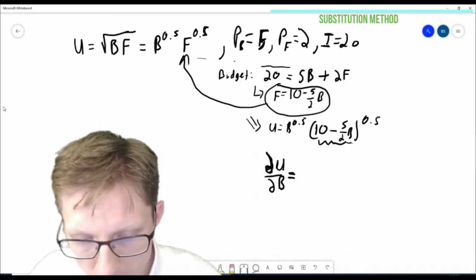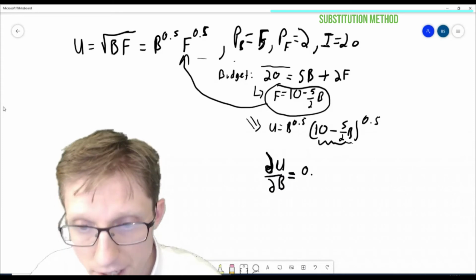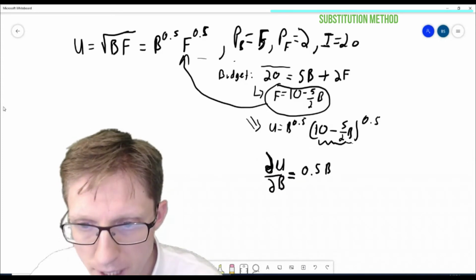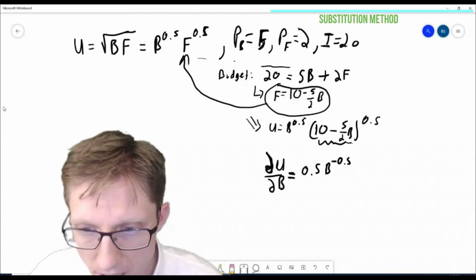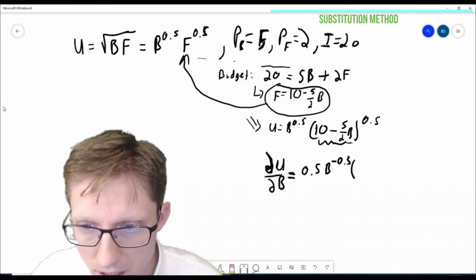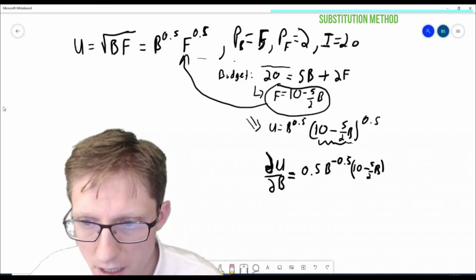Okay, so this partial derivative is equal to 0.5 times b to the minus 0.5 times (10 minus 5 halves b) raised to the power of 0.5.